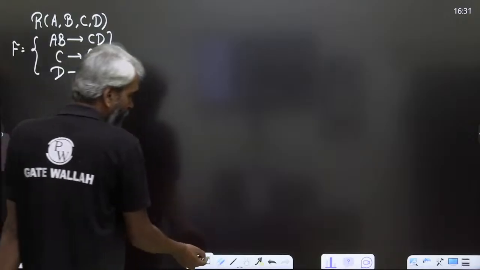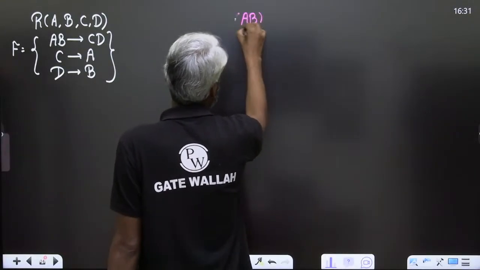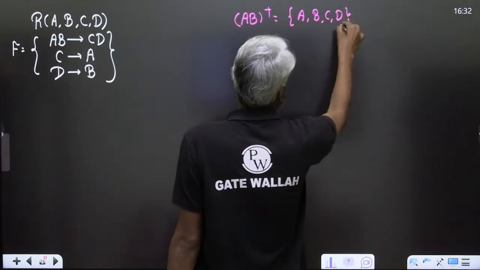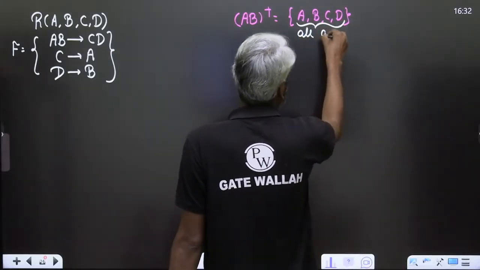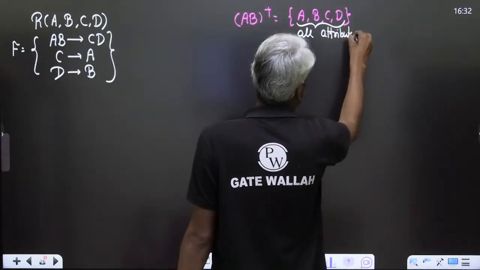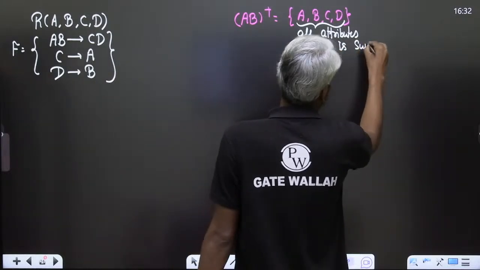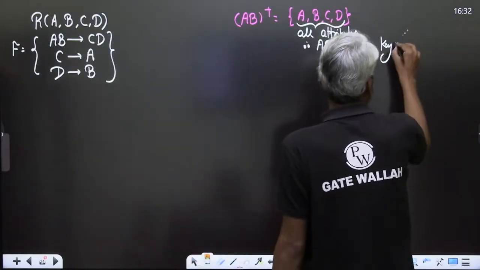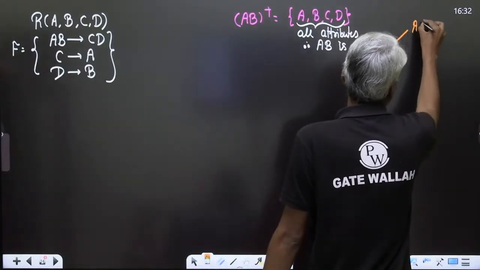We'll start intuitively. We know that AB implies CD contains all the attributes. So the moment we check the AB closure, it will contain all attributes. Therefore, AB is a super key. A closure will be A only, B closure will be B only.